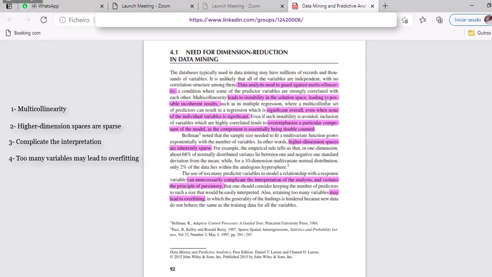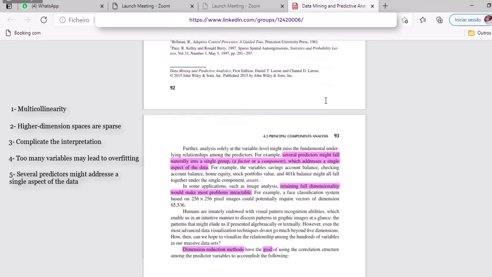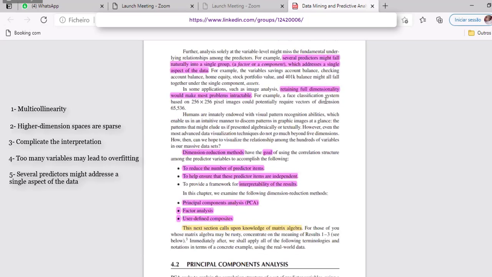Another reason for dimension reduction is that several predictors, so several variables, might fall into a single factor or component that addresses one single aspect of the data. And this is already on the other page.